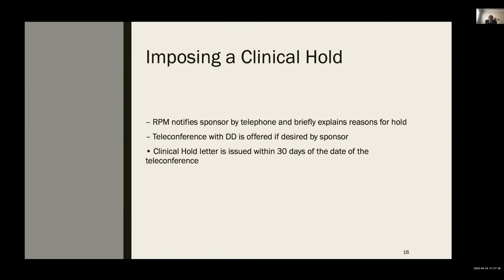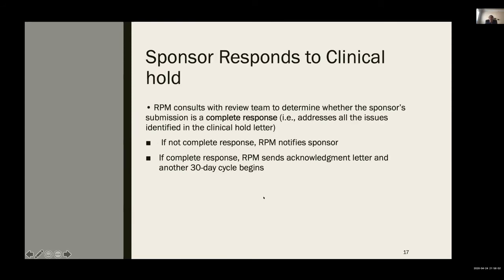And once that happens, the regulatory project manager also notifies the sponsor and will explain the reasons for the clinical hold. And usually within 30 days of the teleconference, the clinical hold letter is issued, which contains details of the missing pieces, the missing data, the concerns that FDA has.